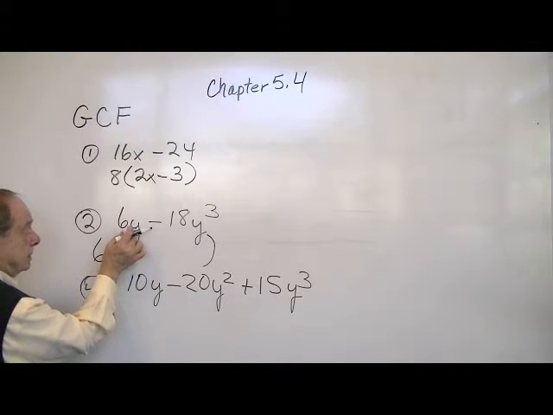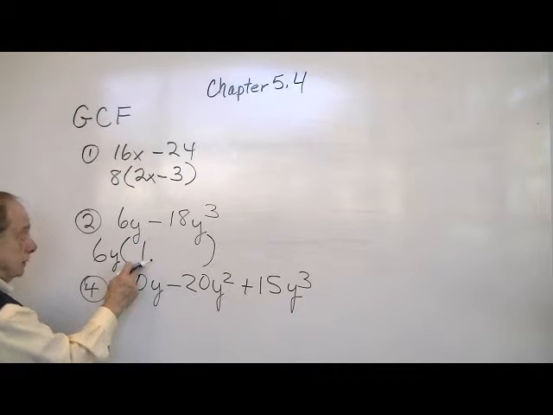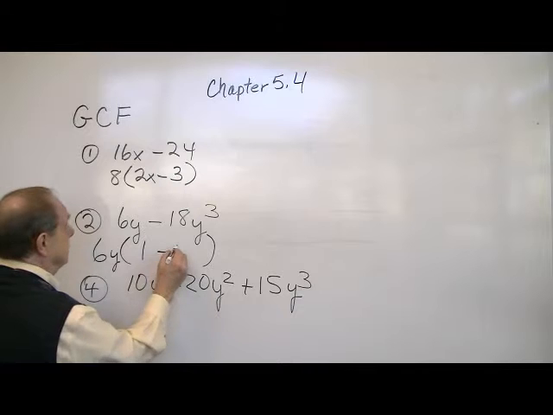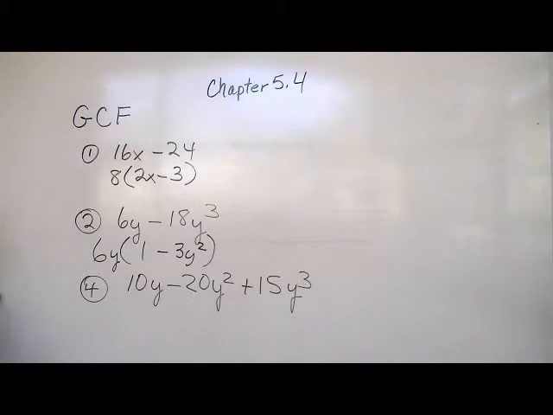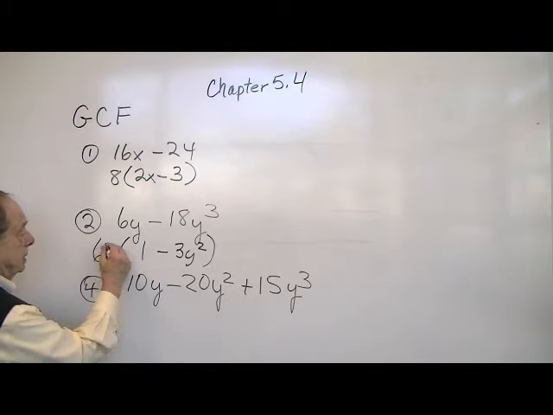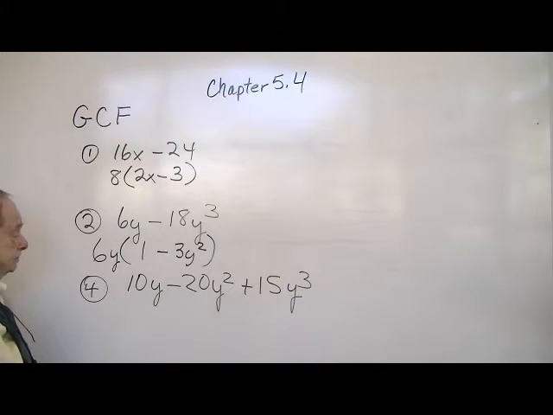So we took out a 6y, what's left here? Well, a 1. Don't forget the 1. And then minus 3y squared. Now, as a check and a review of what we did earlier, you can distribute that and see if you get this product.